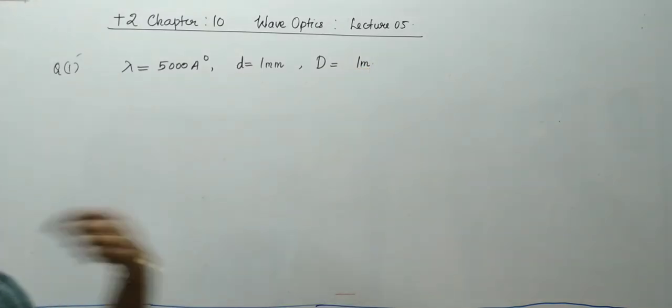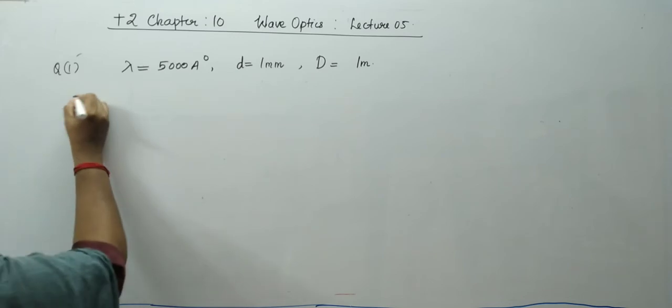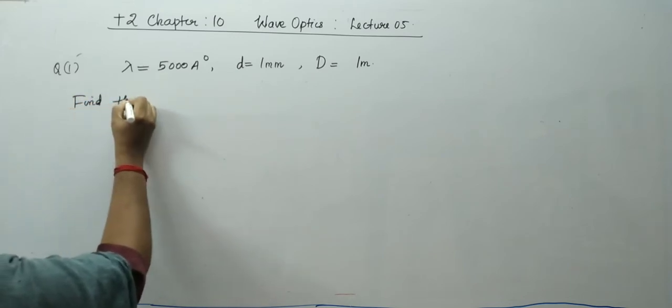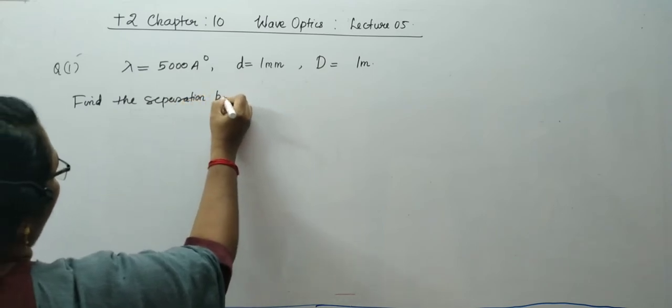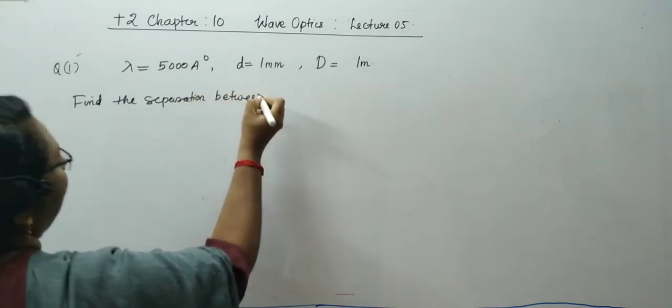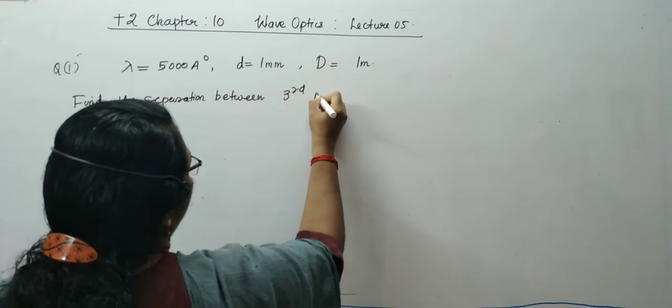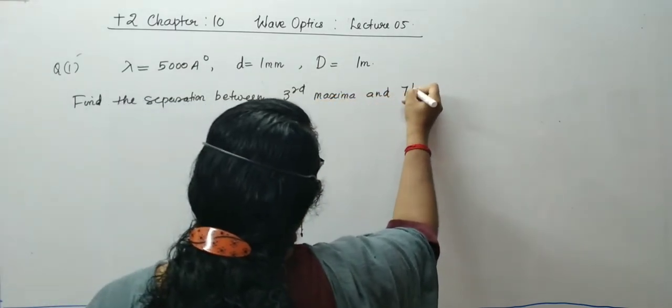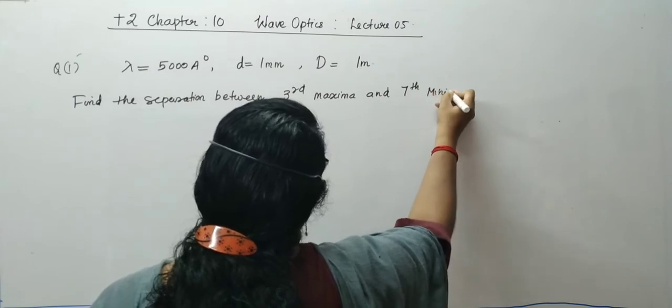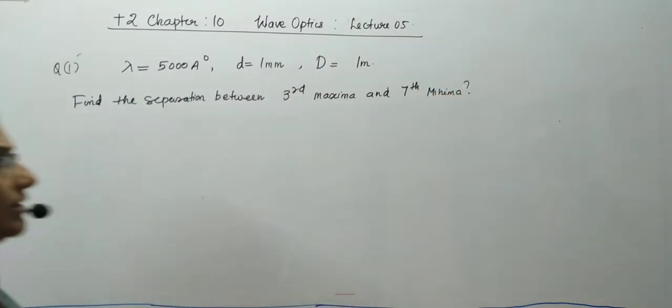The question is, find the separation between the third maxima and the 7th minimum. If the question is like this, what is your answer?